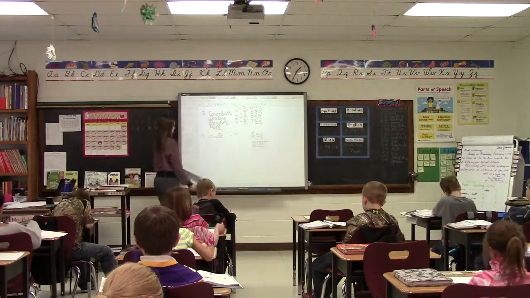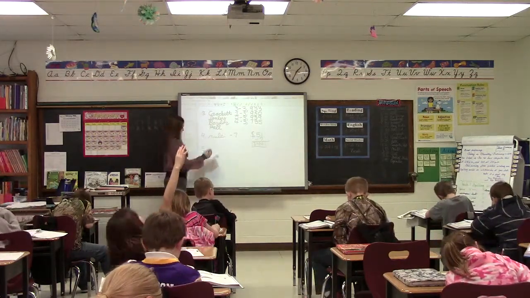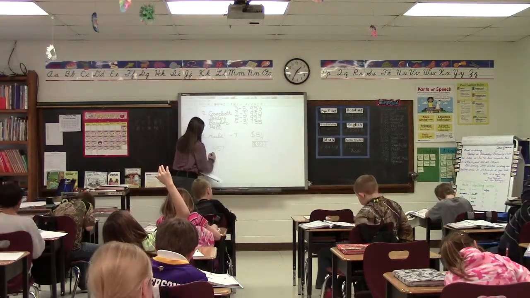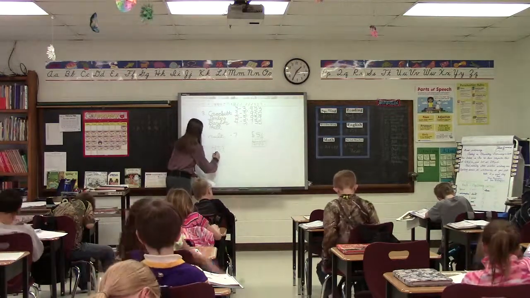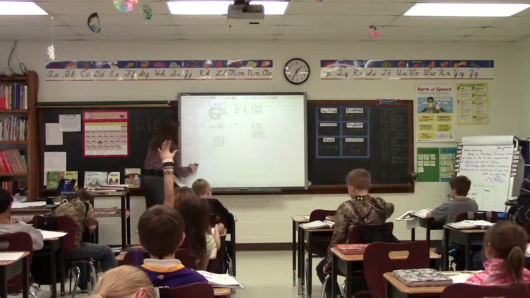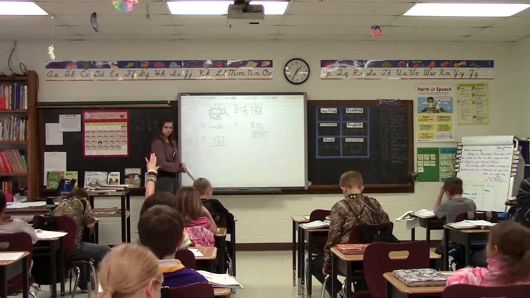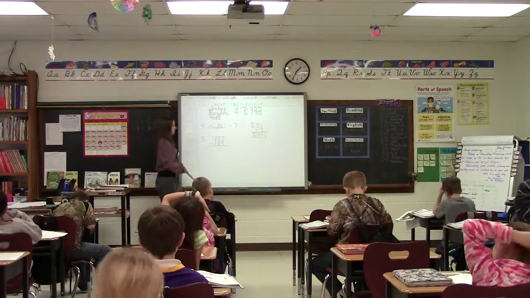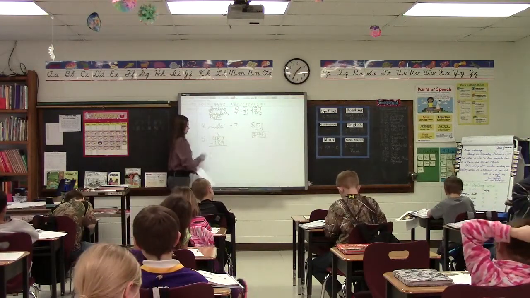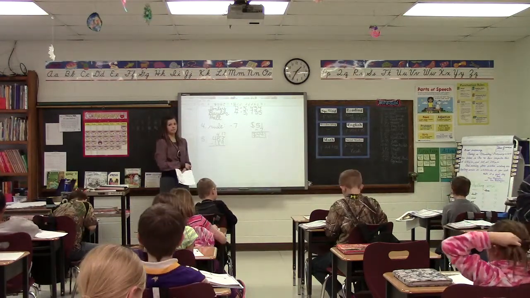All right, number 5, last one. Do some subtracting. 457 minus 189. All right, can we take 9 from 7? Keisha? No. So what do you have to do? Cross out the 5, make it a 4. Cross out the 7, make it 17. Okay, so what's 17 minus 9, Keisha? 8.